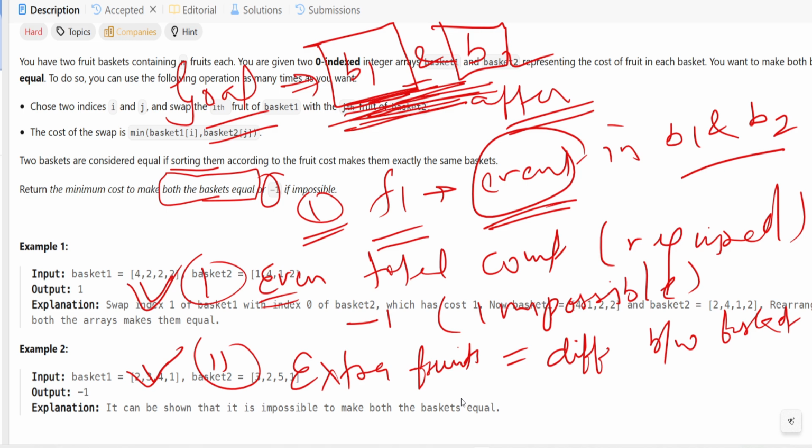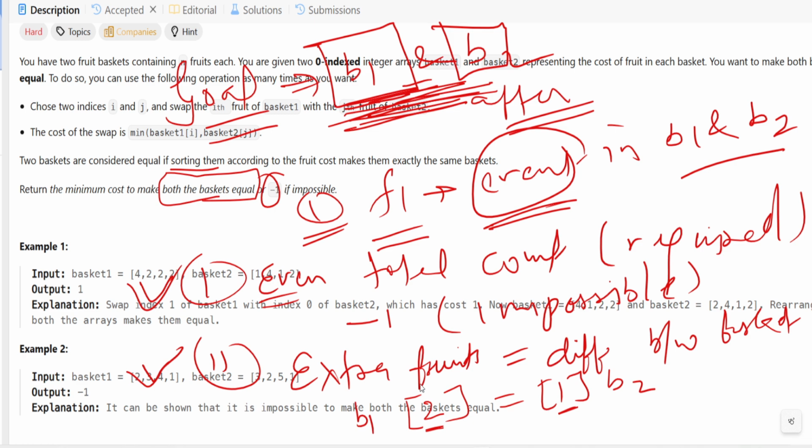Let's suppose basket 2 has 2 fruit extra, and in basket 1 we have seen 1 fruit extra. Do you remember the first example that we saw?